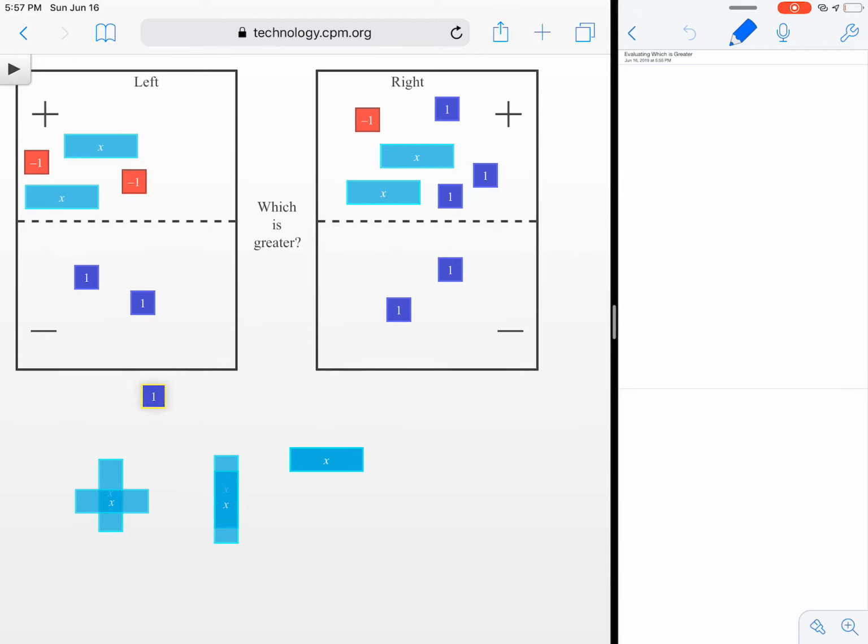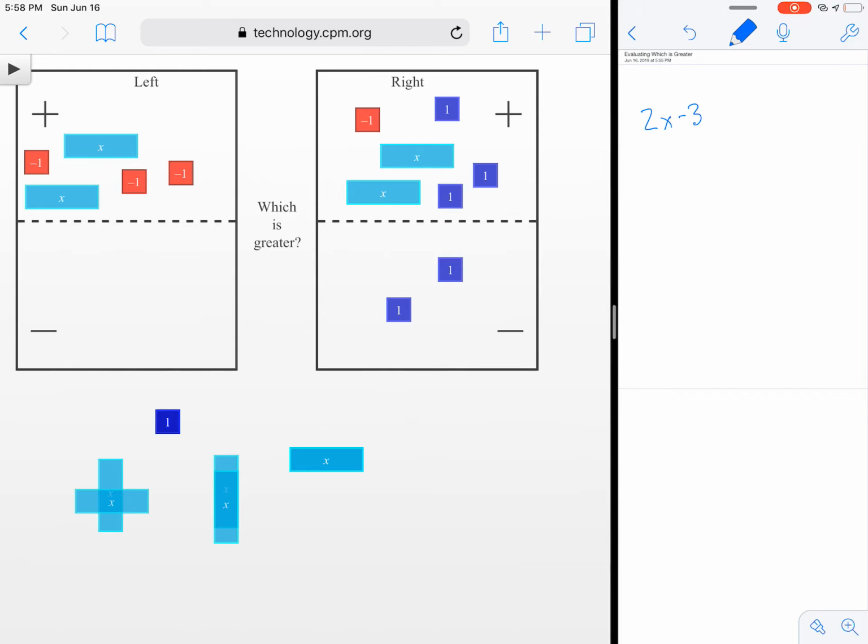I can also do that with my unit tiles, so I'm going to go ahead and cancel these two. I'm left with two negative tiles up front and a positive tile in the negative section. I know that I can move this to negative if I bring it into the positive section. So I am left with 2x minus 3 on the left side.